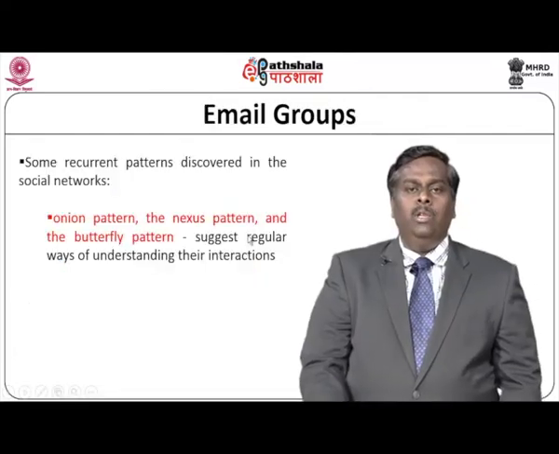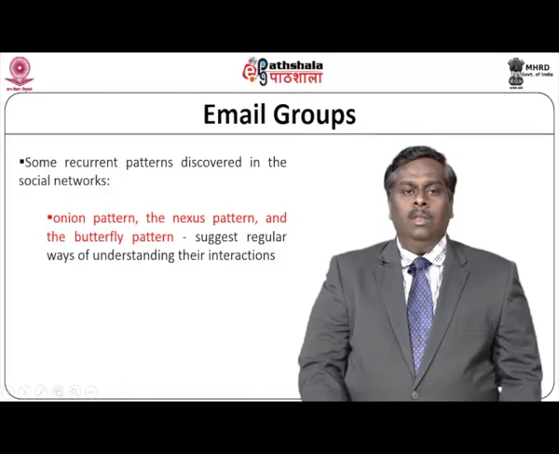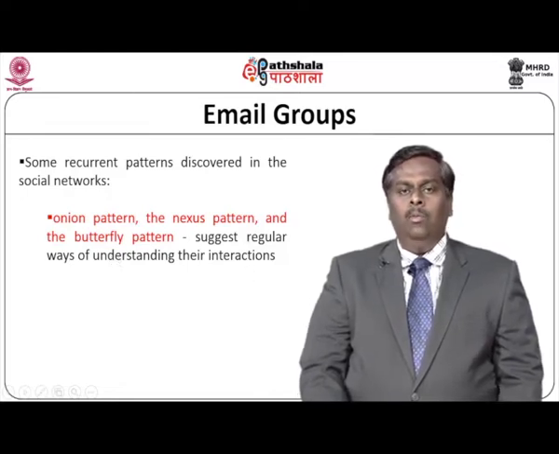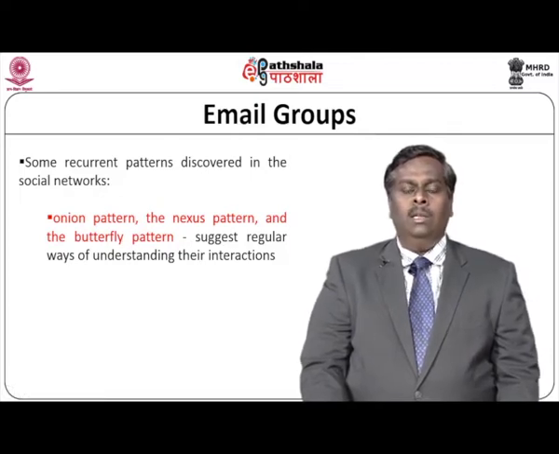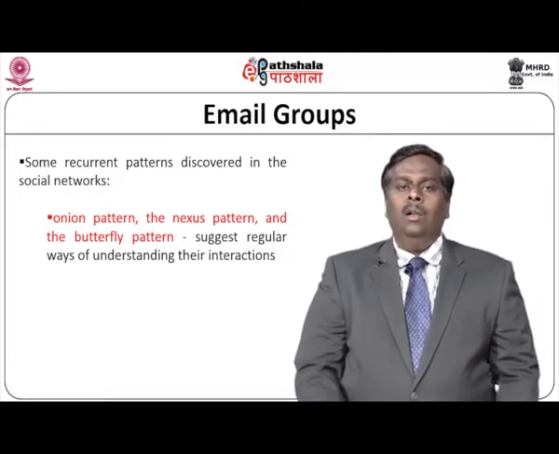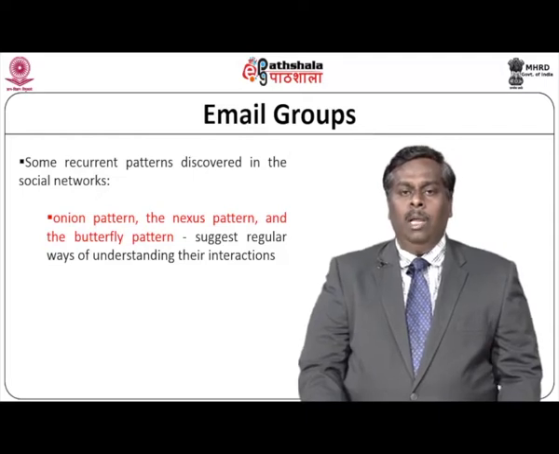If you are trying to visualize email groups, then there are different patterns that can be used, like the onion pattern, nexus pattern and butterfly pattern. All these patterns may be used for clearly understanding how various members in an organization or in a social group communicate with each other through emails.